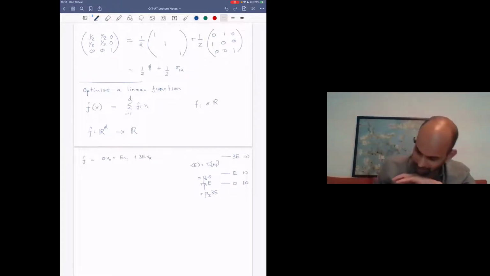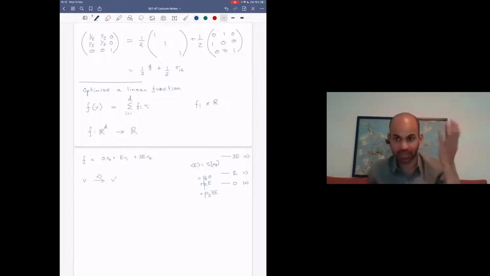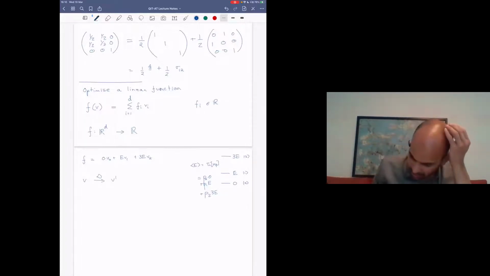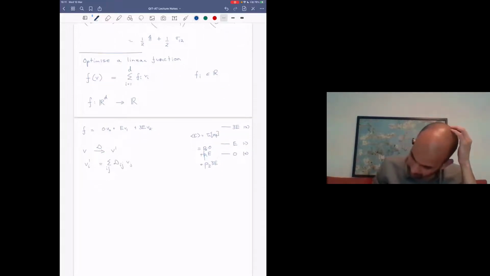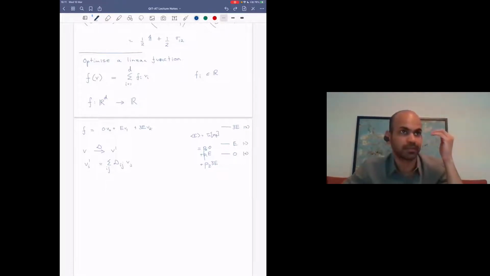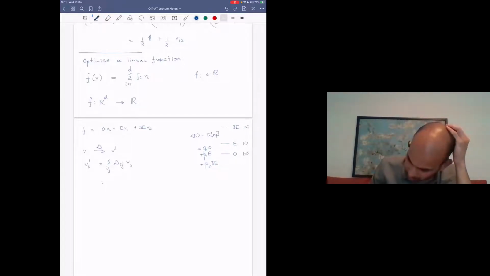Now, the nice thing is that if I have a function that's like this, and I have a doubly stochastic transformation of V, then I know that Vi prime is equal to the sum over j of Dij Vj. But this in turn, each D is a convex combination of permutations.